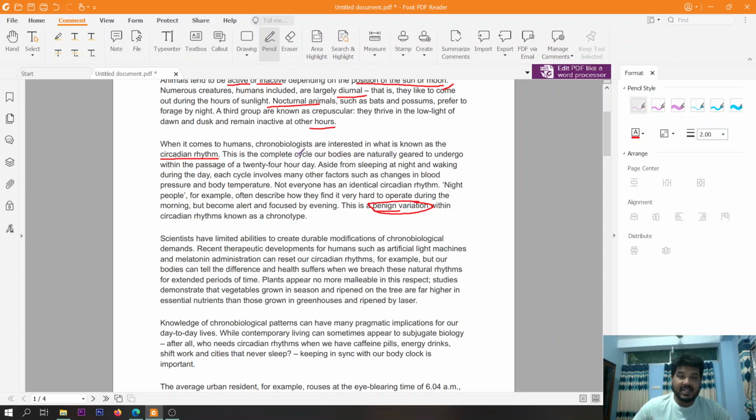For example, you can see that this is the complete cycle our bodies are naturally geared to undergo within the passage of 24 hours a day. So you see that each cycle involves many other factors.